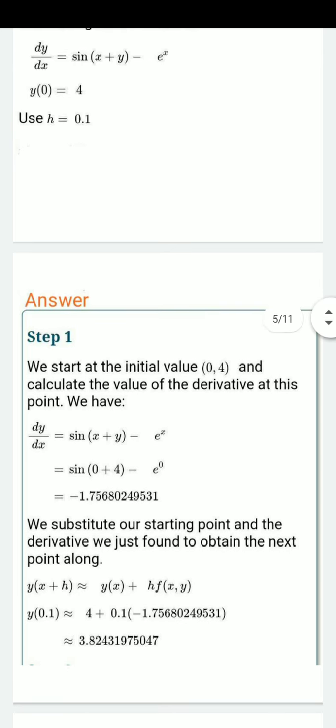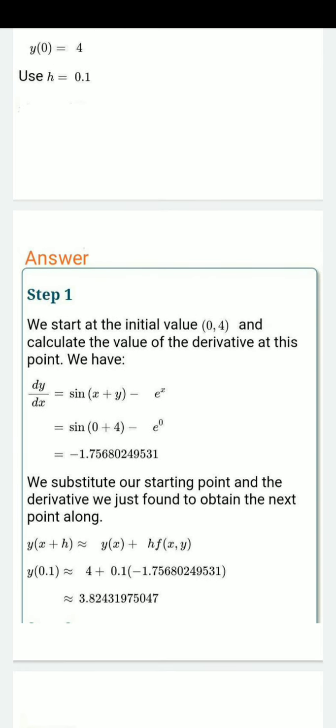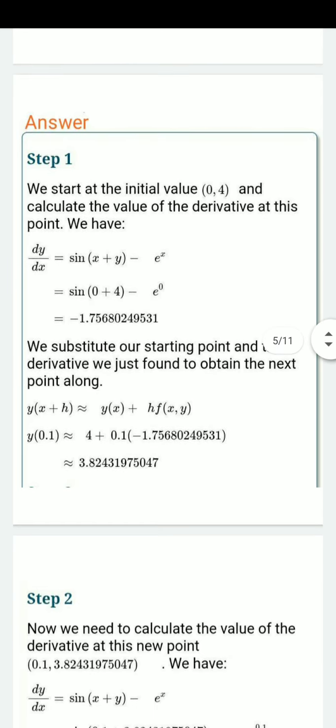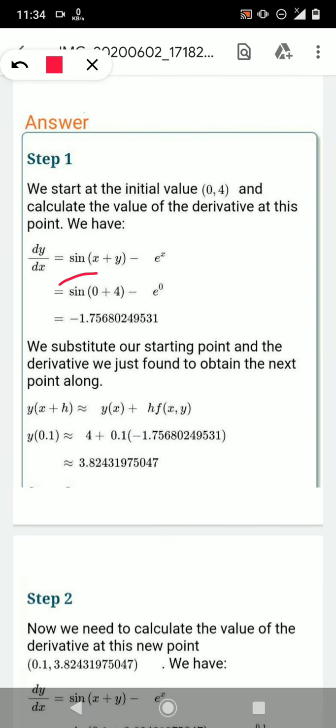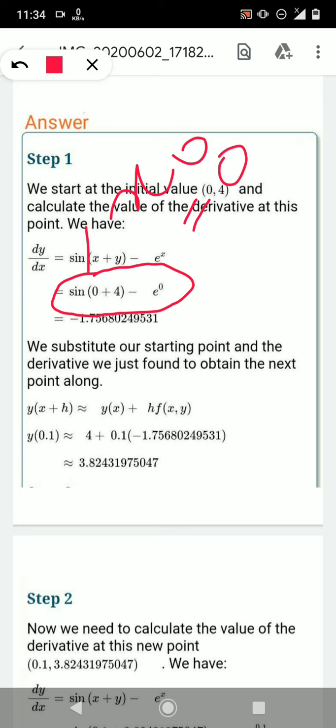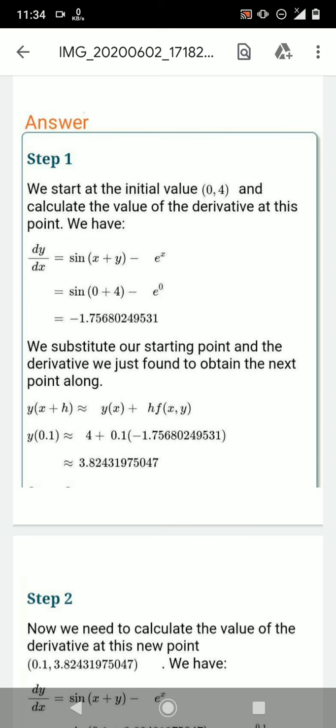First step: you know that y' is equal to sin(x plus y) minus e raised to x. Now x0 is equal to 0, so we replace x with x0, that is 0, plus the function value at x0, that is y0, minus e raised to x0. Since x0 is equal to 0, e raised to 0 is 1, so the derivative is approximately minus 1.75680.